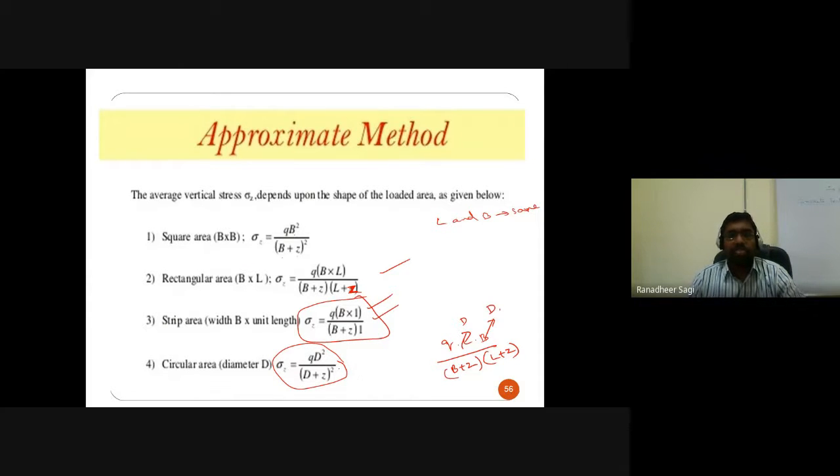That's what we have got in this expression. So it doesn't matter whether it is a square footing, a circular footing, a rectangular footing, or a strip footing; we are still able to find out how much vertical stress is developed in the soil at a depth of Z meters from that uniform pressure, or from the load coming from your column onto the foundation.